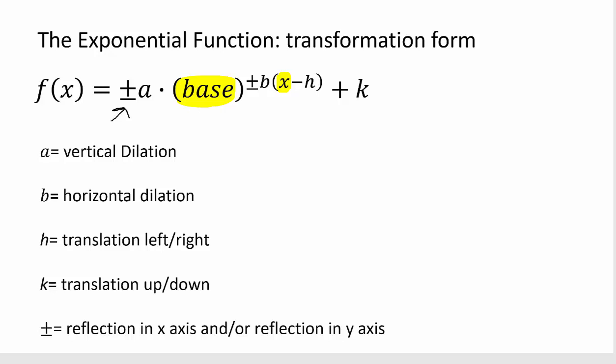In front of the a would be our reflection across the x-axis, and the plus or minus that is attached to the x would be our reflection in the y-axis.